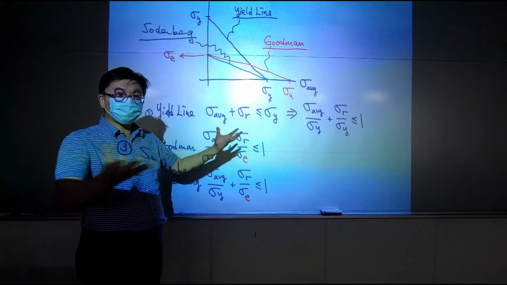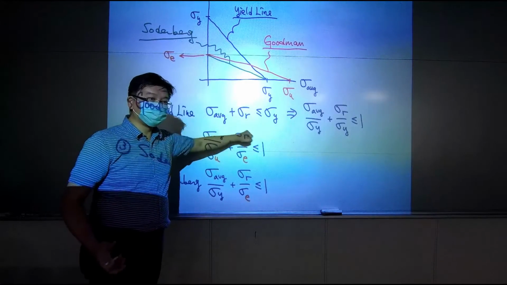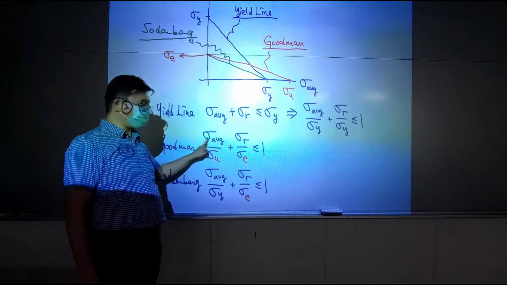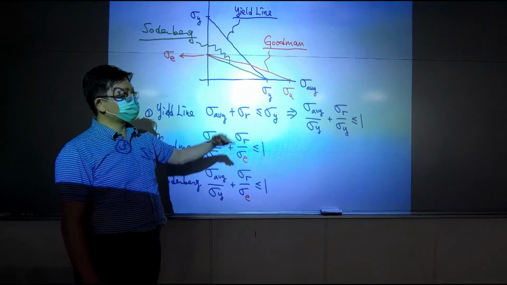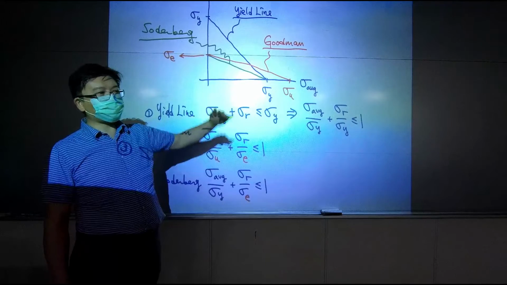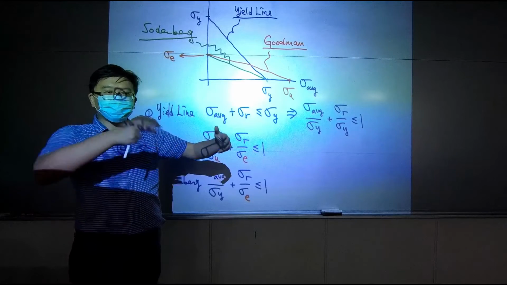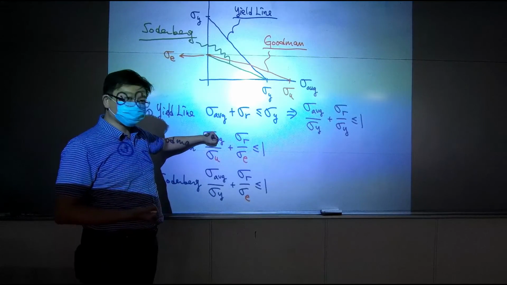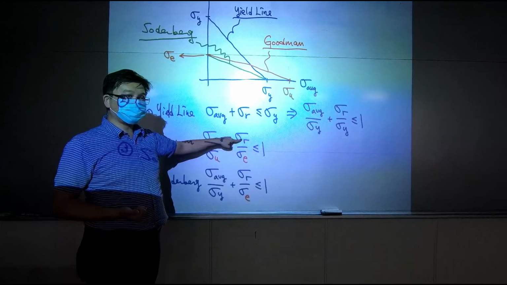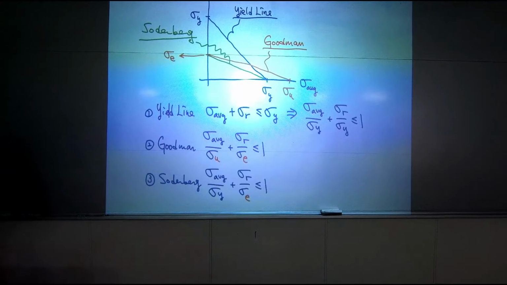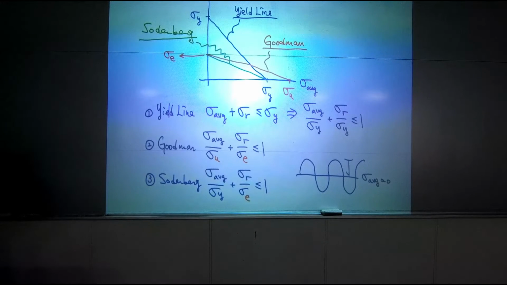So if you have no loads, they are zero. If you have static load, this one is zero, but you have an average number. If you have like a sine wave of loads, average is zero. The average of a sine wave is zero, right? So in this case, you have zero right here, but the range stress is not zero. So if this is like a sine wave, the sigma average is zero, and this is your sigma r.